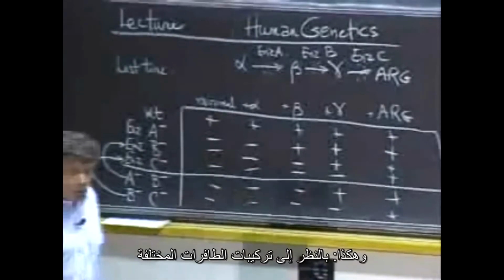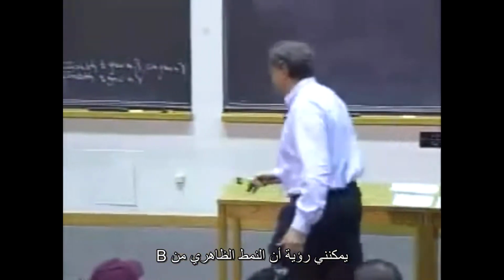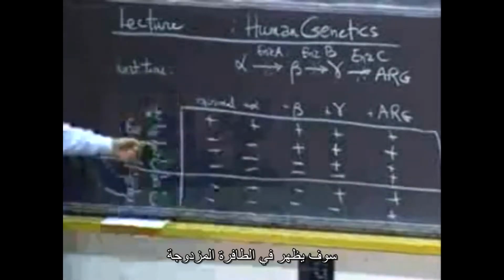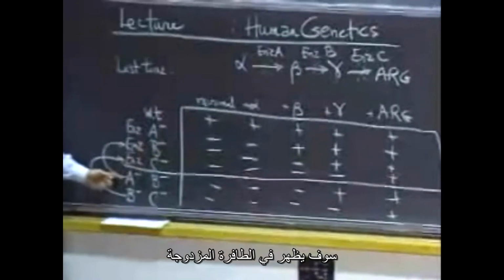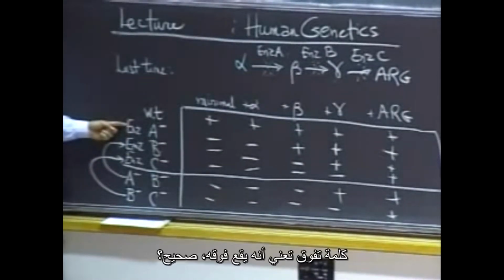And so by looking at different mutant combinations, I can see that the phenotype of B here is what occurs in the double mutant. So this phenotype is epistatic to this phenotype. Epistatic means stands upon, okay?